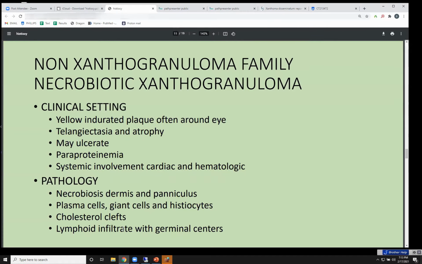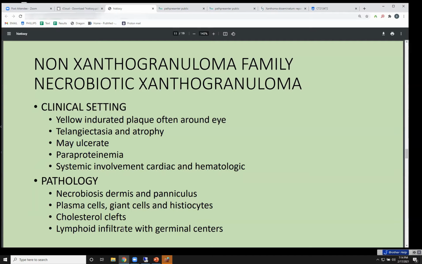The second subgroup of the cutaneous mucocutaneous group has got a few entities. The first one is necrobiotic xanthogranuloma, and these, as you know, are usually yellow indurated plaques around the eye associated with telangiectasia and atrophy. They can ulcerate, and importantly, they have paraproteinemia, and they often can have systemic involvement with cardiac or hematologic involvement.